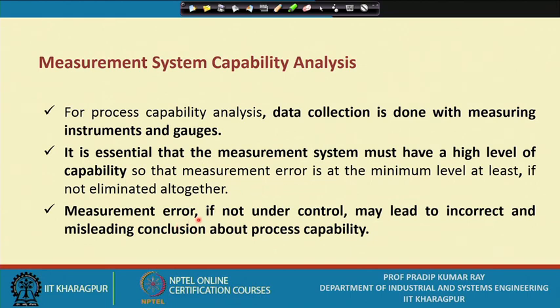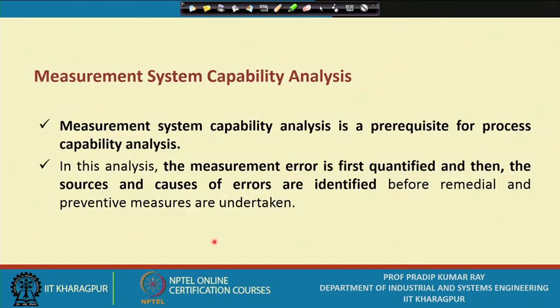So if the measurement error is not under control, what is its implication? It may lead to incorrect and misleading conclusions about the process capability. Now there are certain other remarks I would like to make. Measurement systems capability analysis is a prerequisite for process capability analysis. So first you concentrate on the measurement system, and then you start using the measurements.